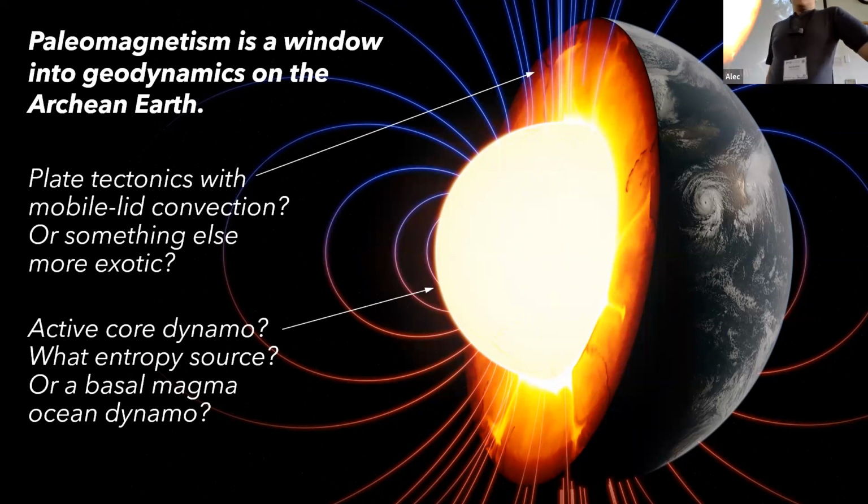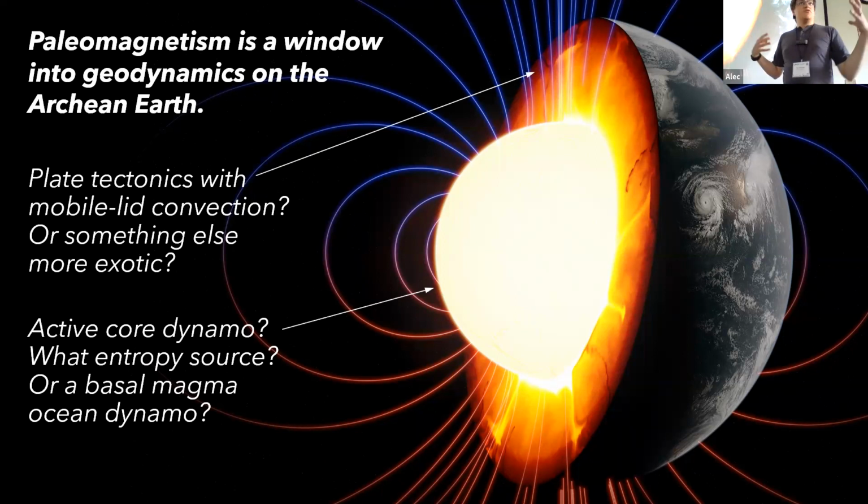Anyway, apologies for that. But there are a number of different possible mechanisms to drive the ancient dynamo this far back in Earth history. It may include light element exsolution out of the core and into the mantle, and even proposals of a rapidly convecting basal magma ocean that was just barely conductive enough to produce a field that's detectable at the surface.